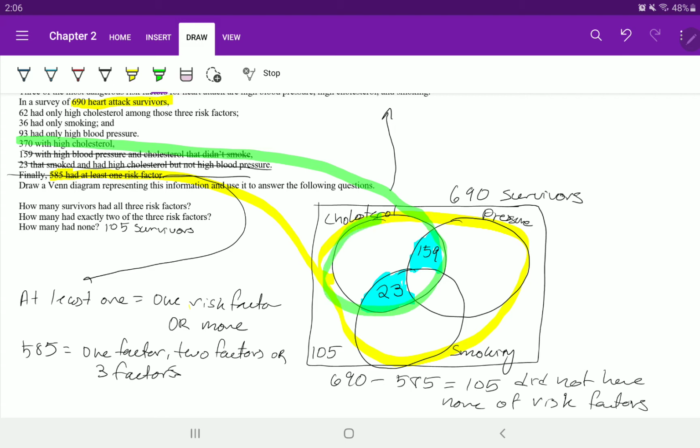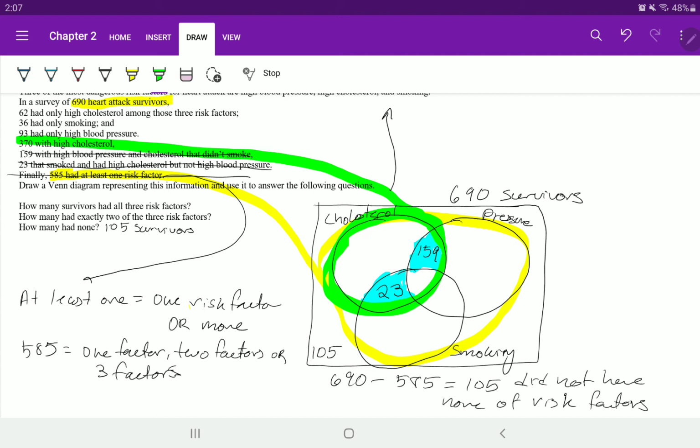This 370 represents the entire circle for high cholesterol. So that entire circle must equal 370. However, I don't have enough information to find out how many I'm missing. Yes, I know how many I'm missing, but I don't know where to put the numbers. So I'll come back to this one. I'm going to keep going. I'll come back to the one that's highlighted in green.